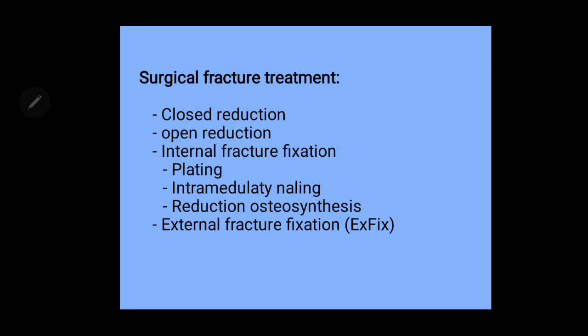Closed reduction is when there is no incision at the fracture site. You can make an incision in another place and insert an intramedullary rod there. But if you are not opening the fracture site, this is considered a closed reduction.